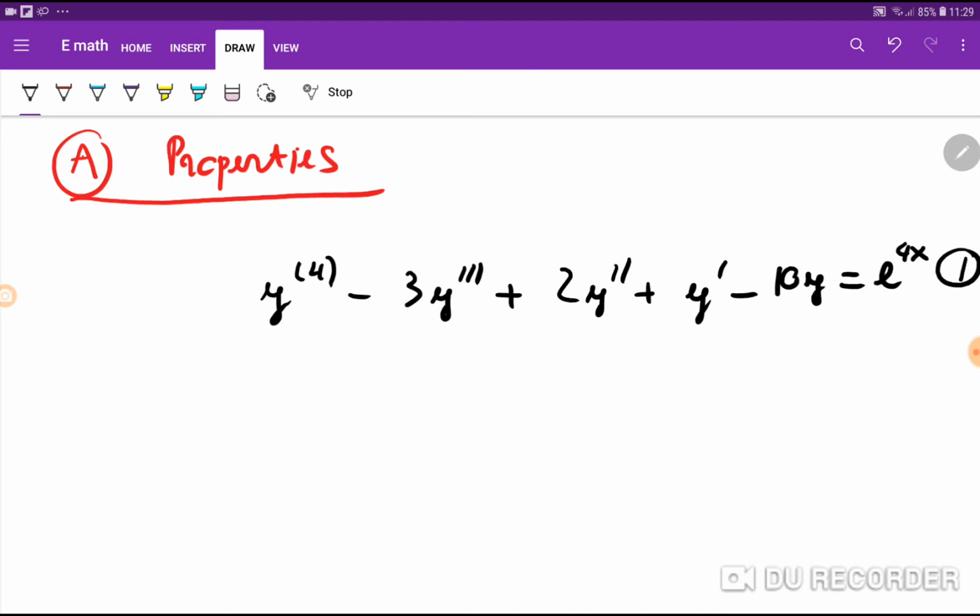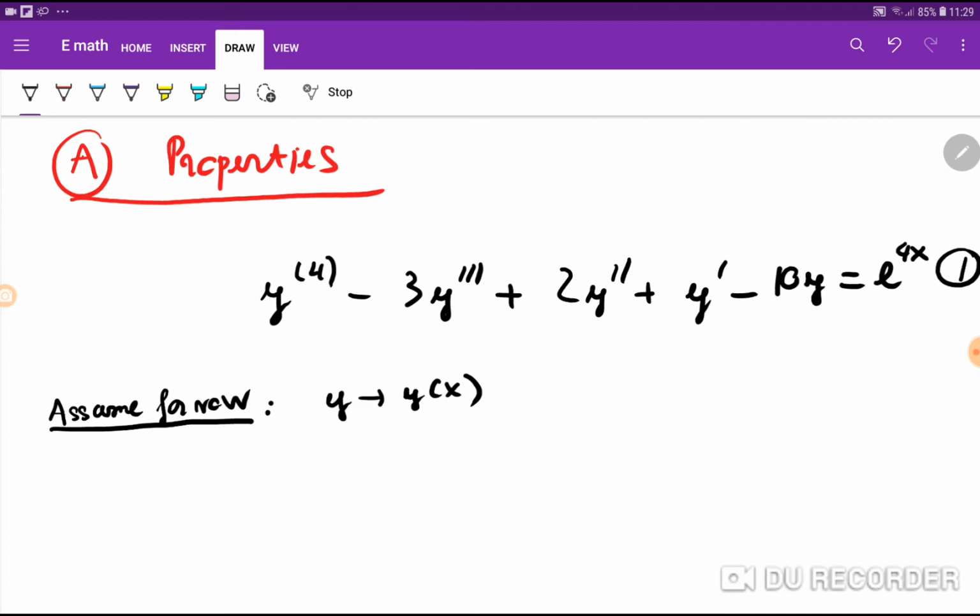I'm going to assume for now that y is a function of x, because it wouldn't make any sense later if y were not a function of x.